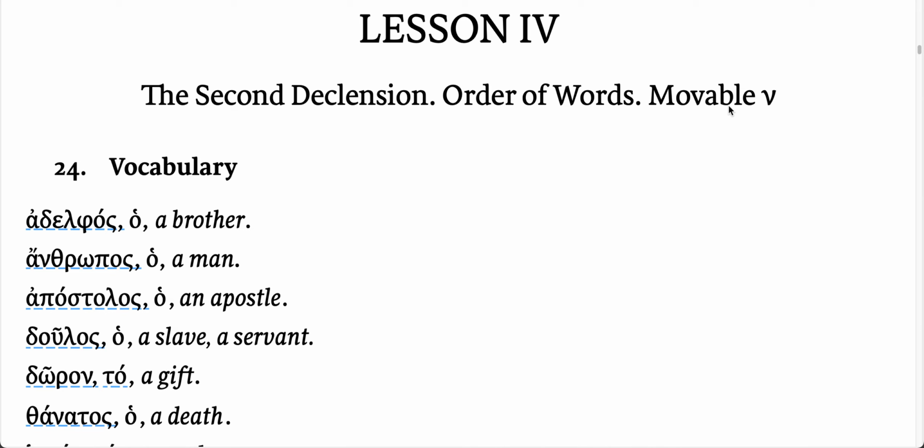Nouns. Now, everybody speaks language, but not everybody is aware of grammar, even the grammar of their own language. Like I speak English, the language I grew up hearing, but I may not understand the grammar of how the English language is put together.